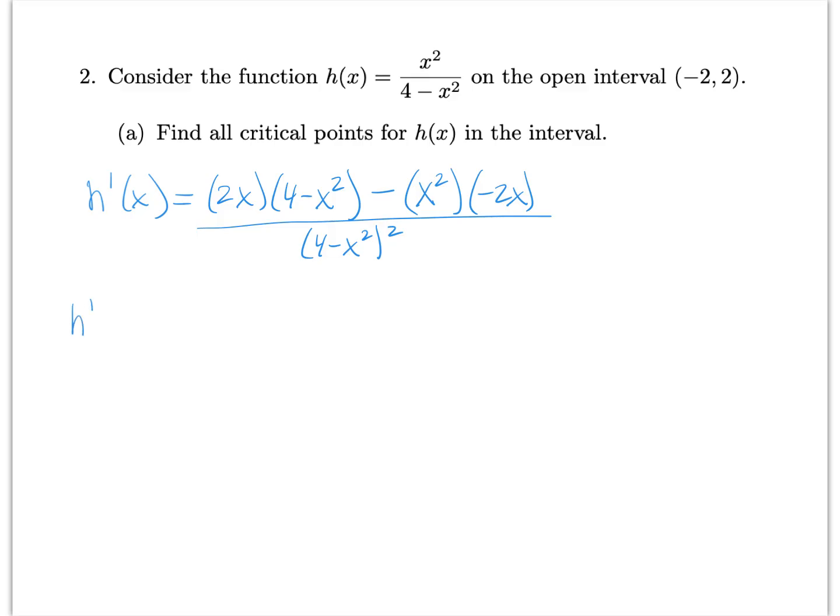So h prime of x is undefined when the denominator is 0. And that happens when x is positive or negative 2.